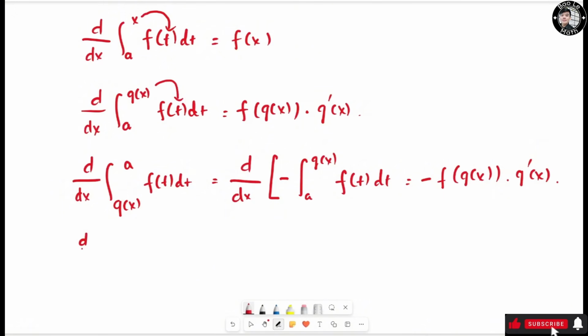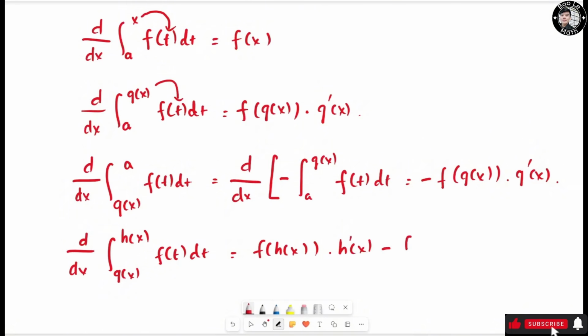Now if you take the derivative with respect to x of the integral from g(x) to h(x) of f(t) dt, it's going to be f(h(x)) times h'(x) minus f(g(x)) times g'(x).